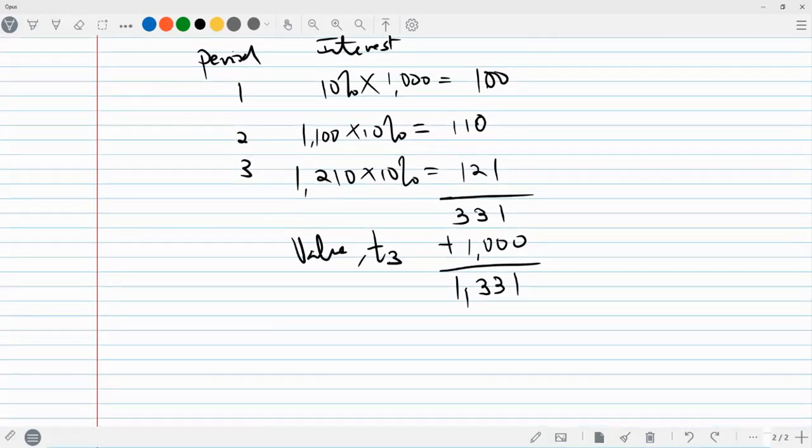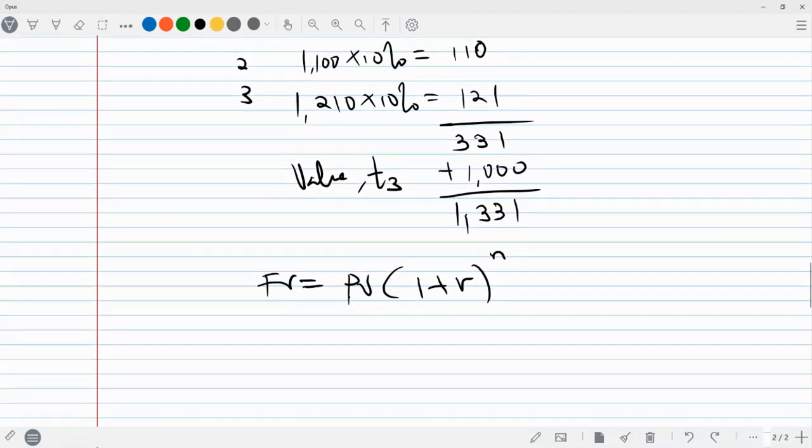You can say that future value is given by the current amount you have invested, let me just call it present value, the amount you invested today, multiplied by 1 plus the compounding rate to the power of n.